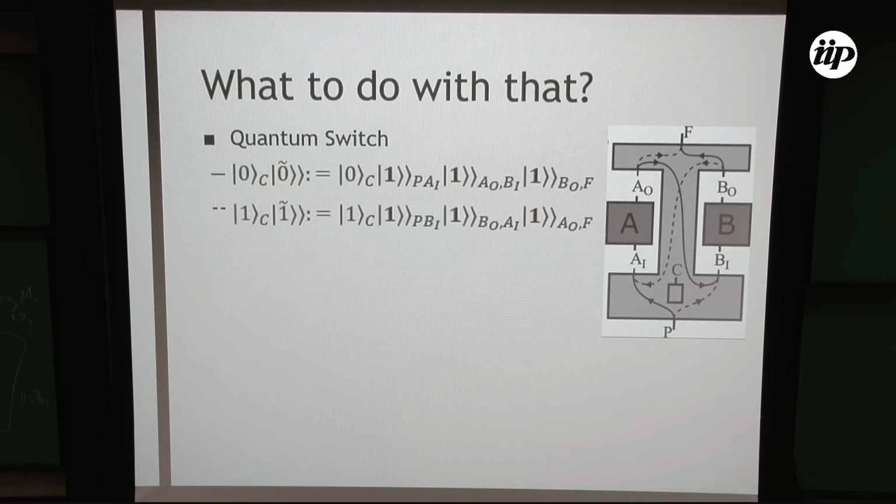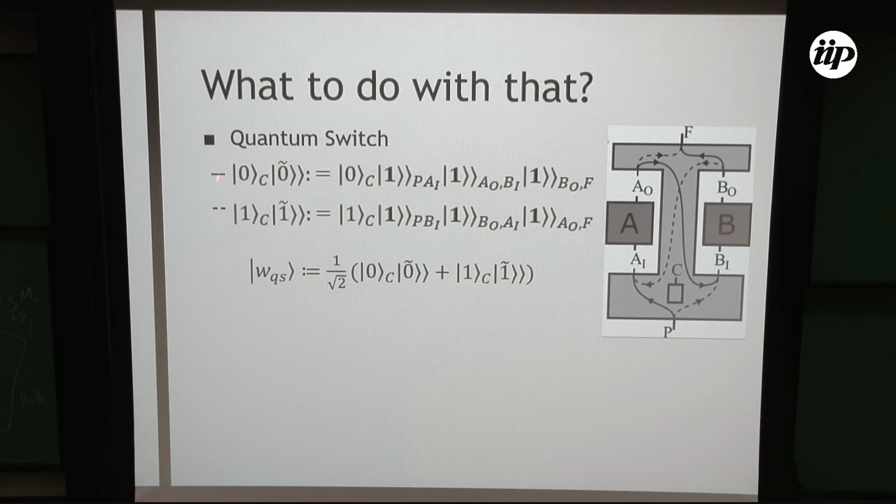Now, I'm going to define a few variables here. I'm sorry for that. I don't want to get too technical, but I do have to define these things here. So a quantum switch is basically drawn like this. You go either first to A, then from A to B, and from B to the future of these labs, or you go with a dashed line first to B, from B to A, and from A to the future, right? I'm giving these names to these two things, and I'm omitting a lot of the actual definitions.